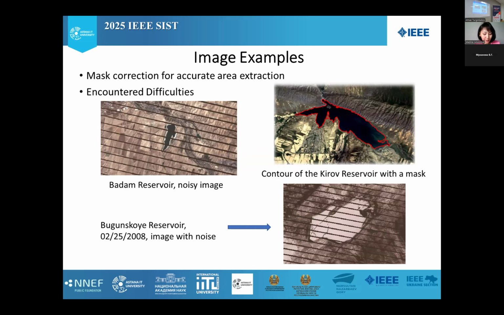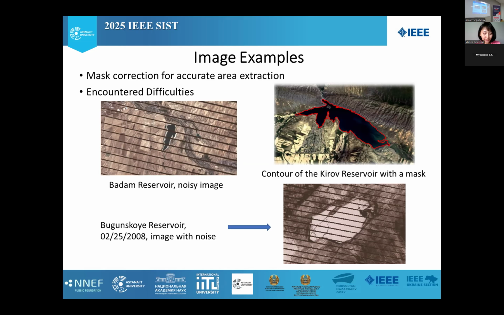Further image processing was carried out in the Jupyter Notebook environment, where the main tool is the Python programming language, which has a wide range of libraries for scientific computing, visualization, and data analysis, such as NumPy, SciPy, Matplotlib, and Pandas.